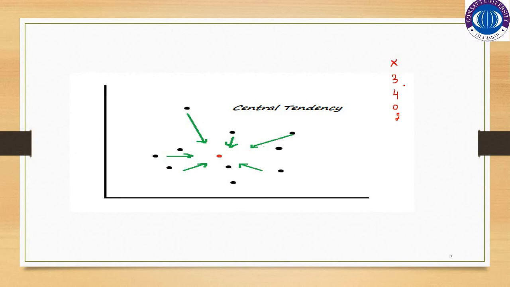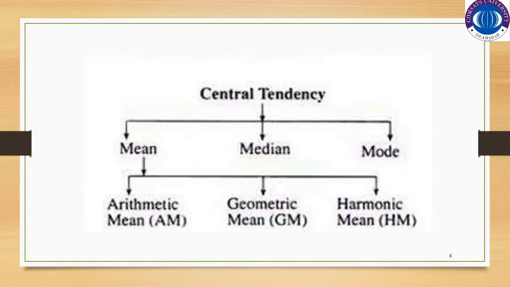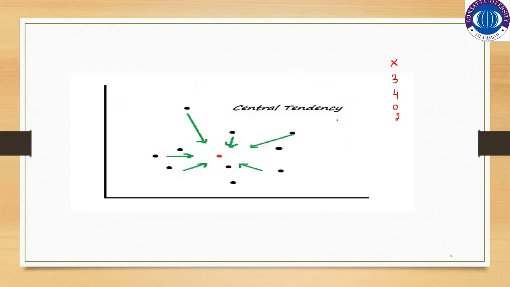So it is asked that we represent this whole data set through a single value. So what we will do, we have to find any single value which represents this whole data set. So how to find that single value? There are basically 5 measures of central tendency. It means that there are 5 ways in which you can find out this single value which represents the whole data set.